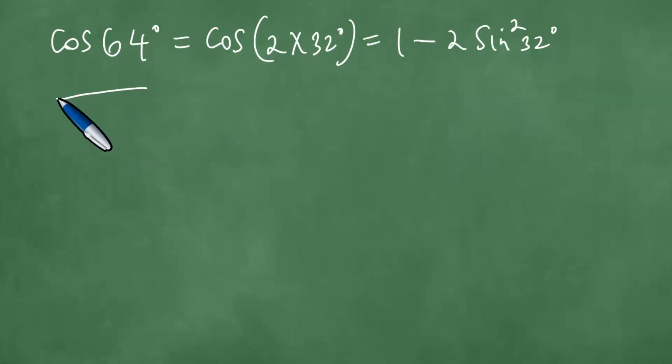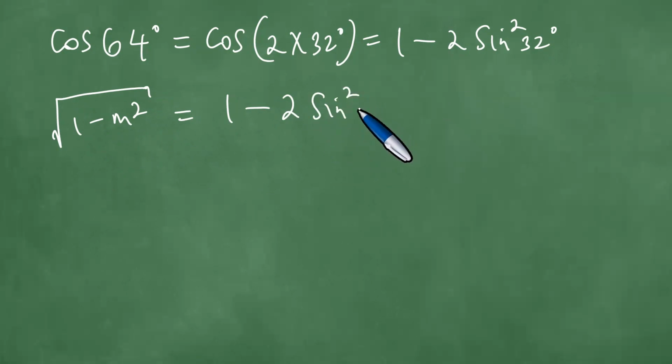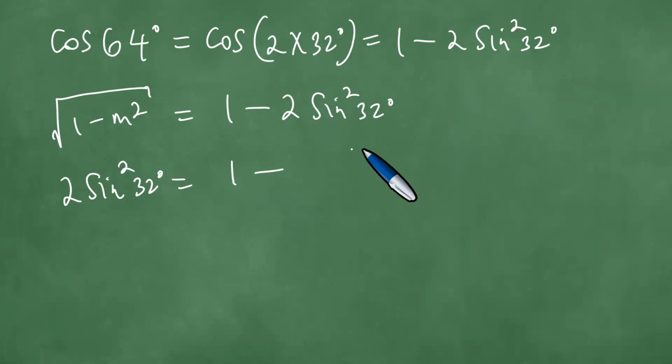And now the cosine of 64, we've already seen, is the square root of 1 minus m squared, which equals 1 minus 2 sine squared of 32 degrees. Right, we need to manipulate this and make the sine squared of 32 degrees the subject of this equation. And we have sine squared of 32 degrees, which is 1 minus the square root of 1 minus m squared, over 2.